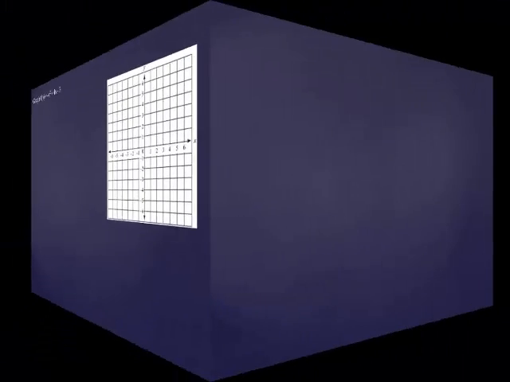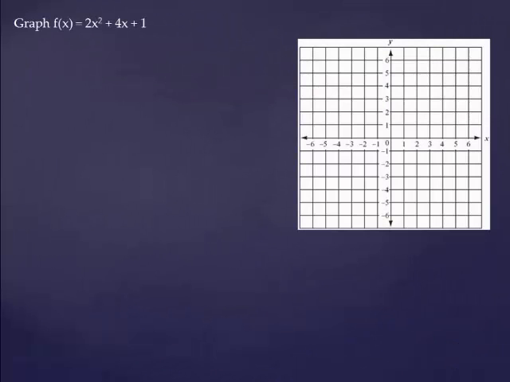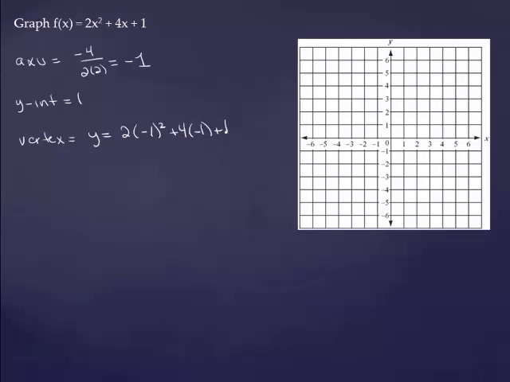Next graph. My axis of symmetry is negative 4 over 2 times 2. So that's negative 1. My y-intercept is 1. For my vertex, I have y is equal to 2 times negative 1 squared plus 4 times negative 1 plus 1.